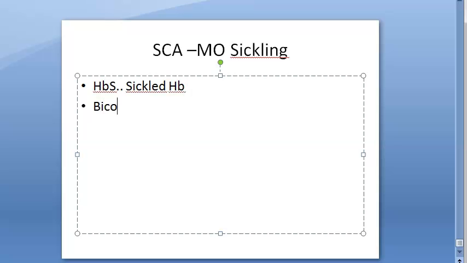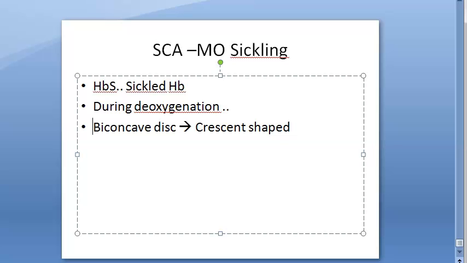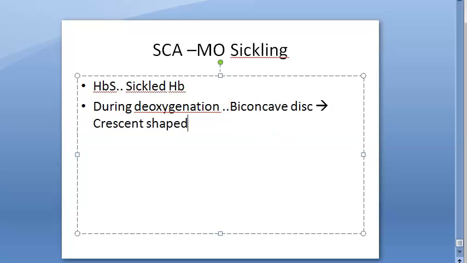So instead of becoming a biconcave disc, they become crescent shaped. This happens during deoxygenation. The process is called sickling. It occurs within the intact red cells and in vitro in free solution.